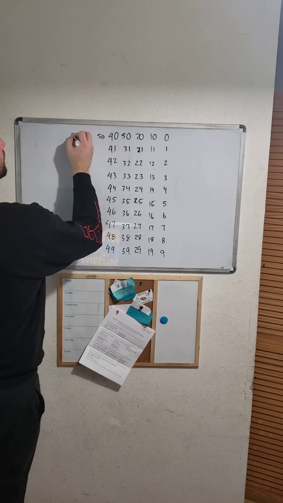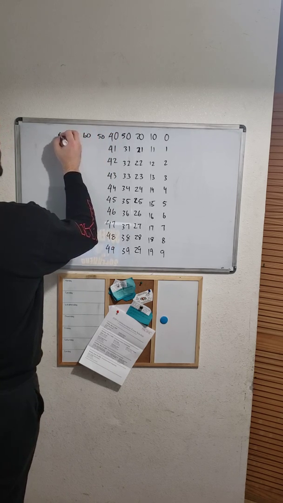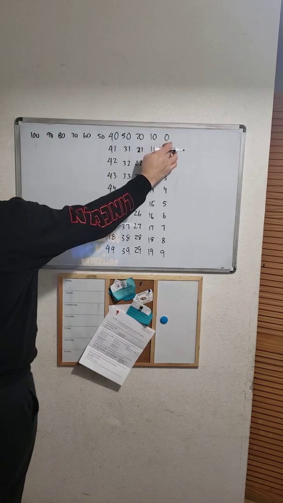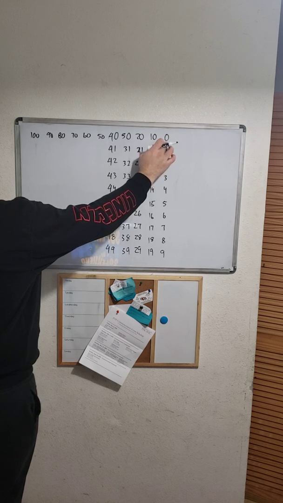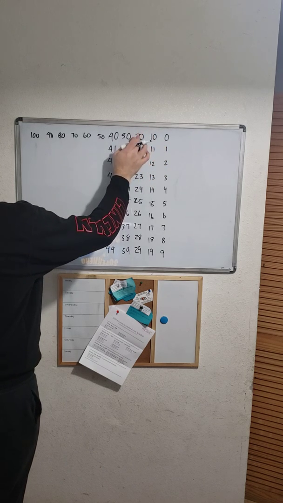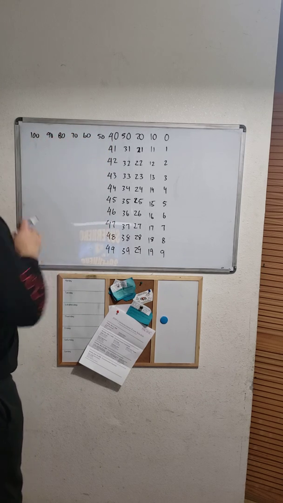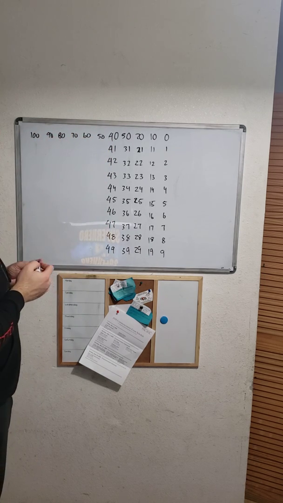we'll get 100. And you can see it's 10, 1, 2, 3, 4, 5, 6, 7, 8, 9, 10. Right? Easy.